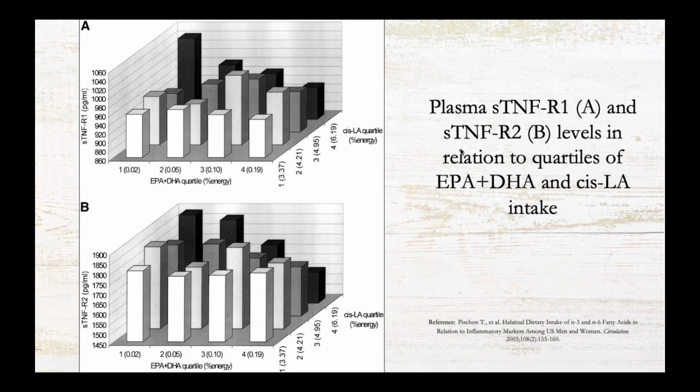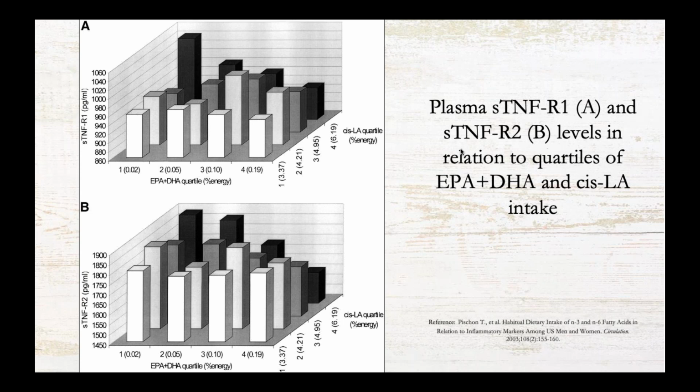We know that if you look at this, this is a great 3D graph that I really like, and it looks at tumor necrosis factor, R1 and R2, as they relate to where the energy is coming from. So you can see here, for instance, the lowest level of EPA and DHA, which is at 0.02 roughly as a percent of energy.